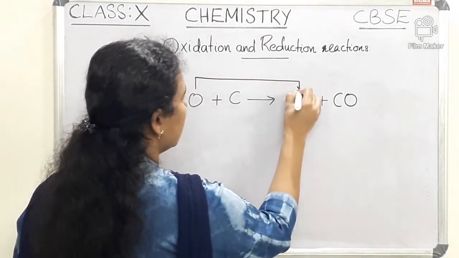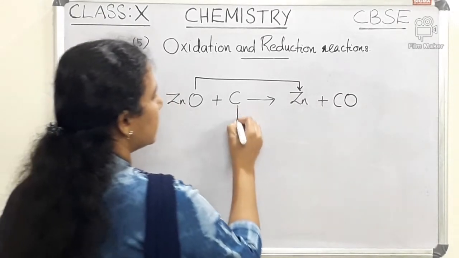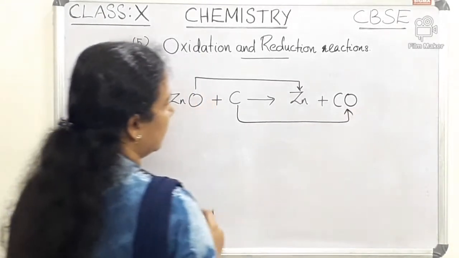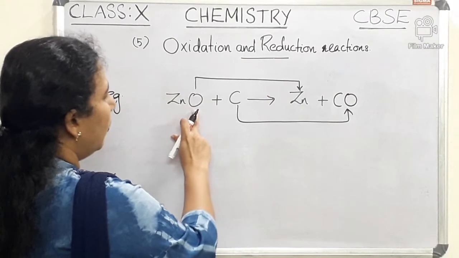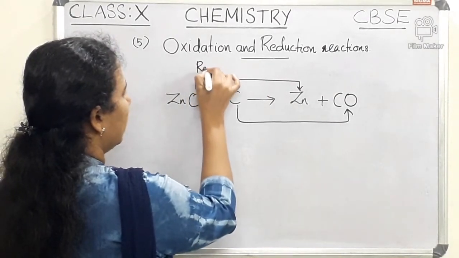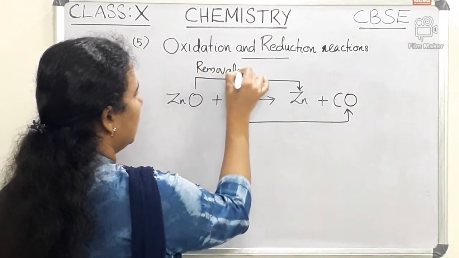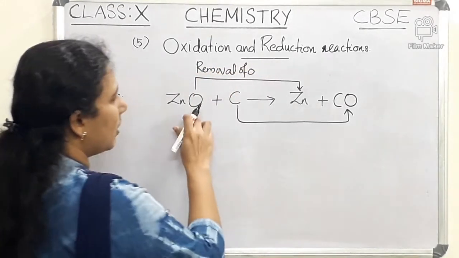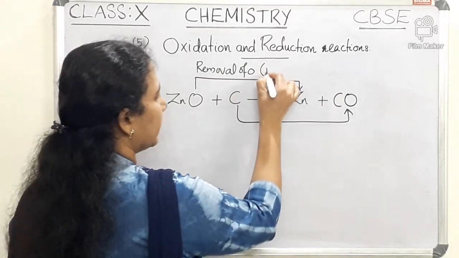ZnO changes to Zn and C changes to CO. So actually ZnO is losing oxygen here. That means there is a removal of oxygen in this case. So removal of oxygen is called reduction.